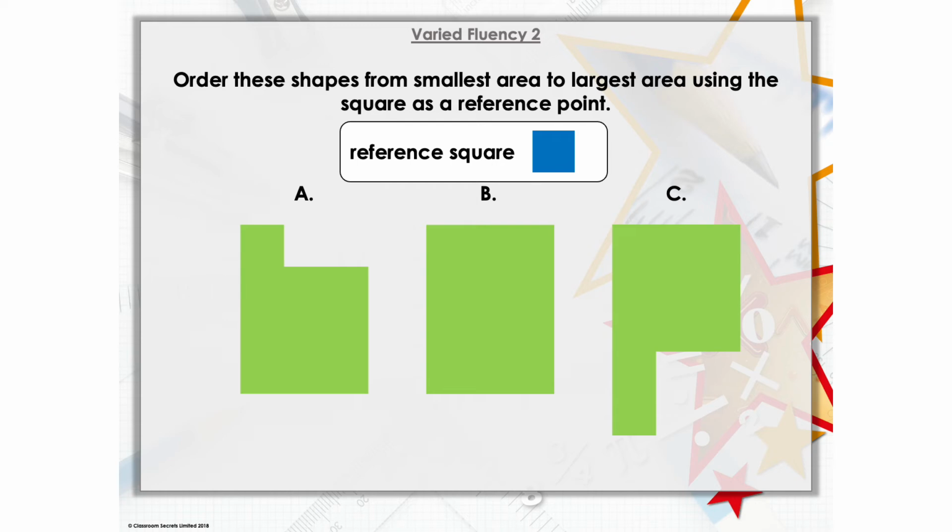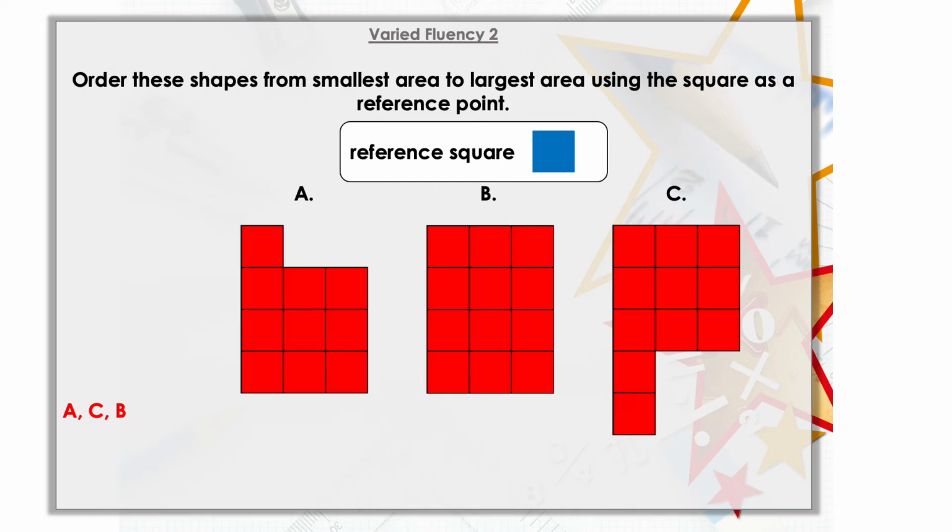So pause the video now while you have a good think. Okay, so I've divided it, and you can see that the shape with the smallest area is A, then C, and then B. Brilliant. Did you get it right?